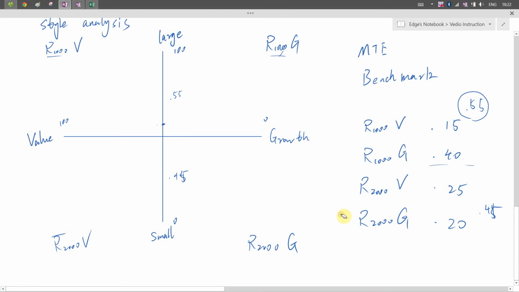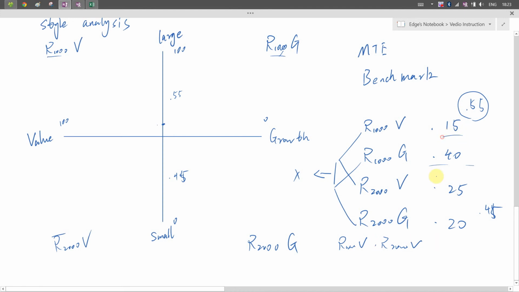The X point is a similar thing. For this new axis, you add up the R1000 value and the R2000 value. It's how close you are to value.